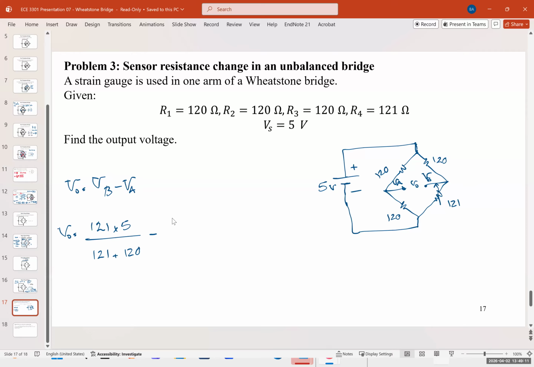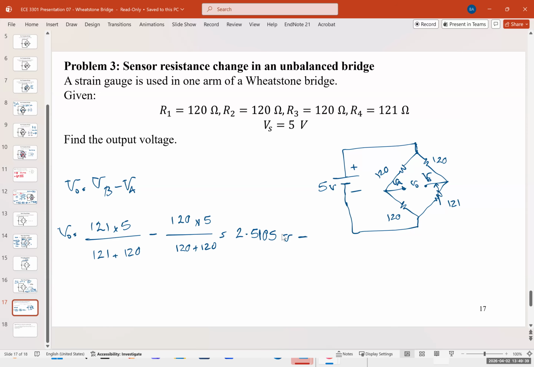And VA is 120 times 5 over 120 plus 120. So what is 121 times 5 over 241? This is what I got, please double check it: 2.5105 volts.